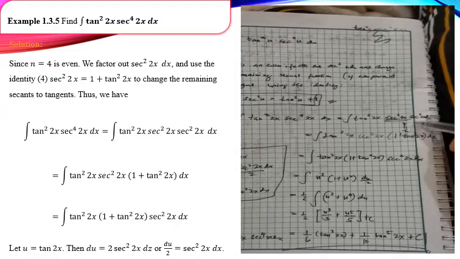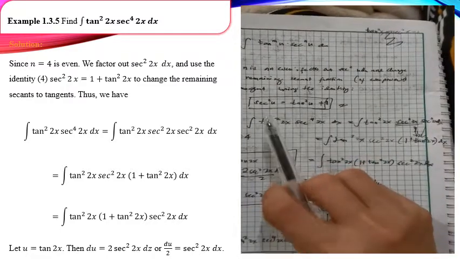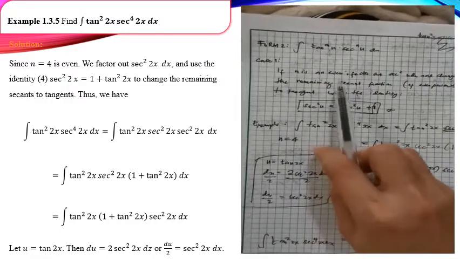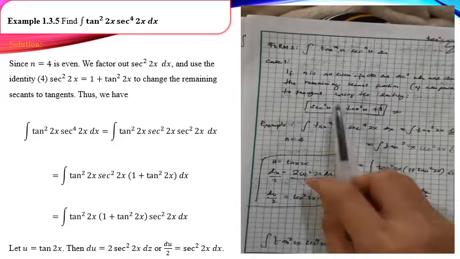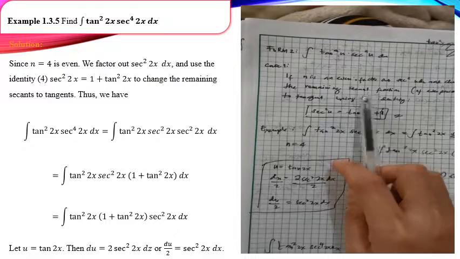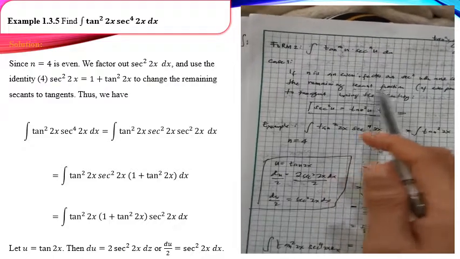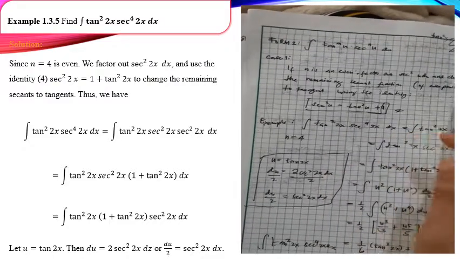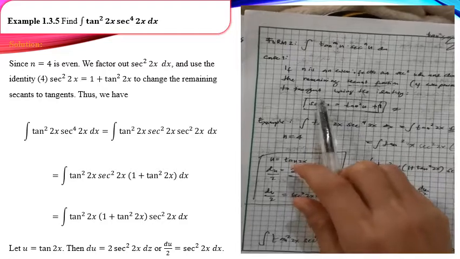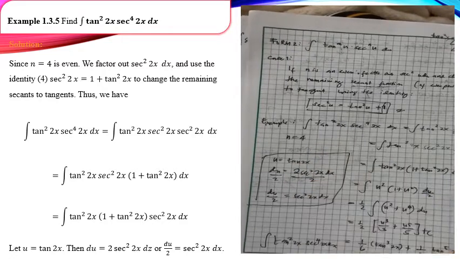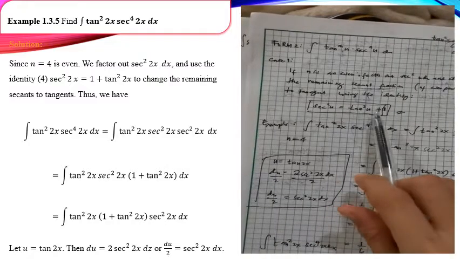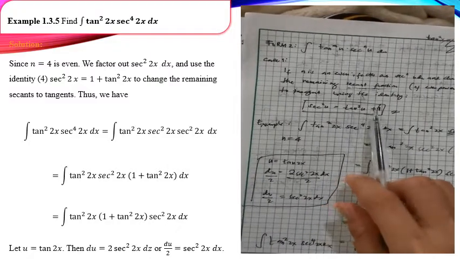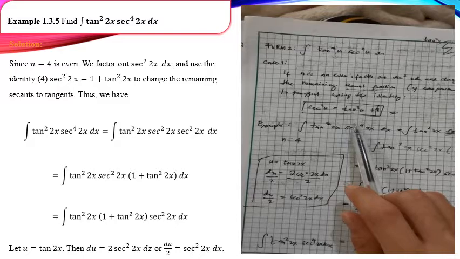okay, ang sabi sa case 1, if n is an even number, then factor out secant squared. After ninyong mag-factor out, change the remaining secant function. Okay, remember the secant function of even powers, dapat yan to tangent using the identity secant squared is equal to tangent squared plus 1, or pwede natin yung rearrange as 1 plus tangent squared u.